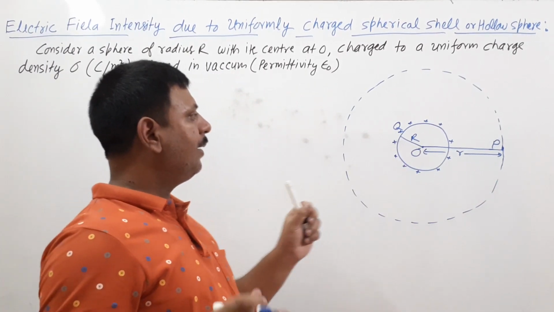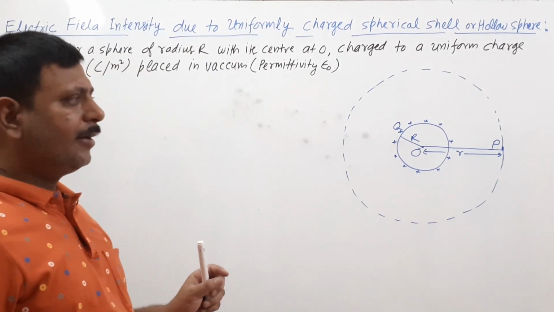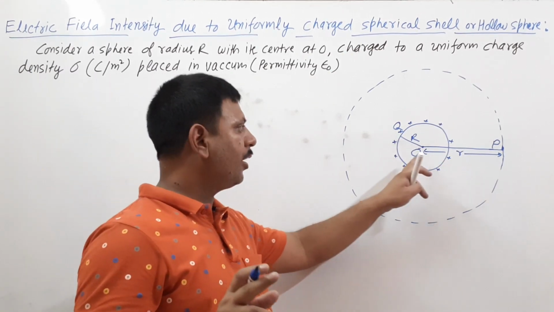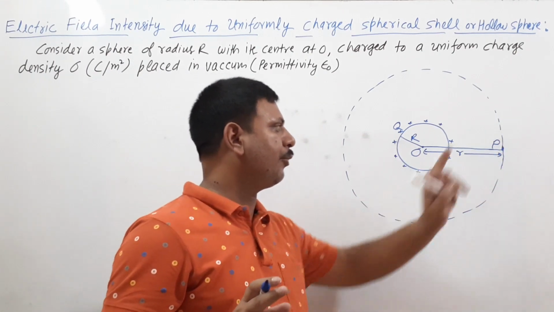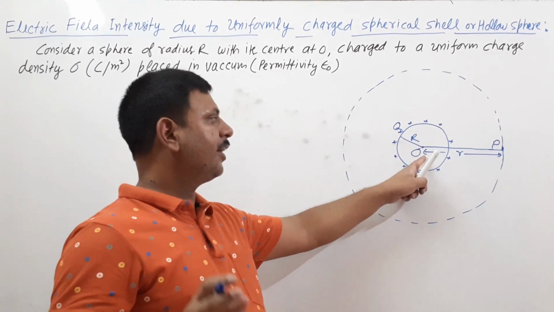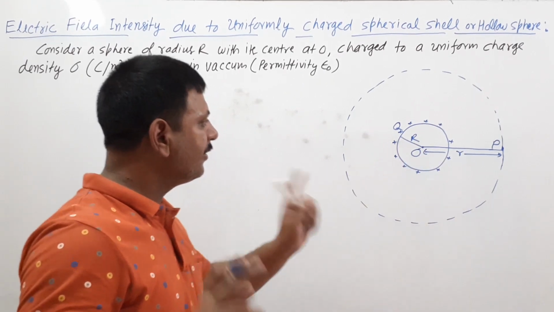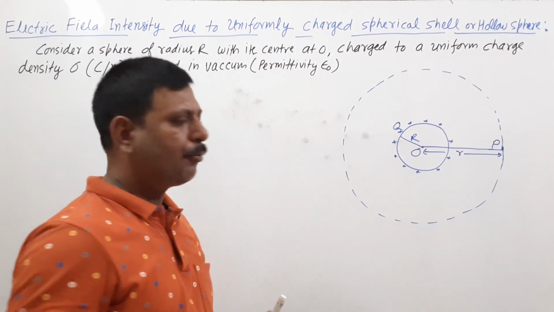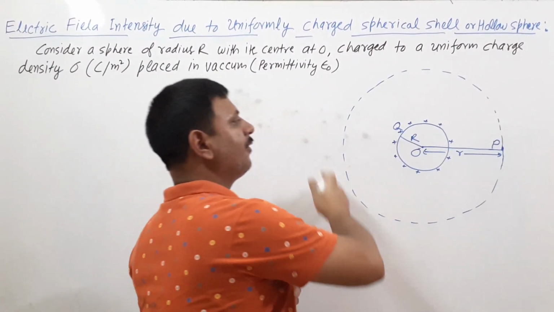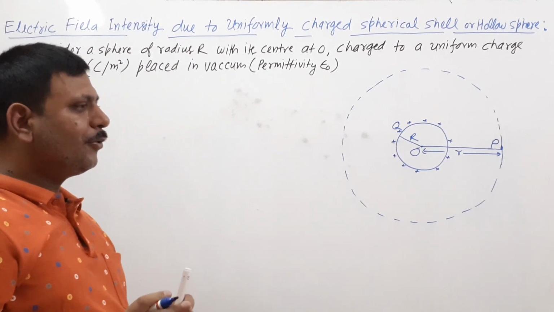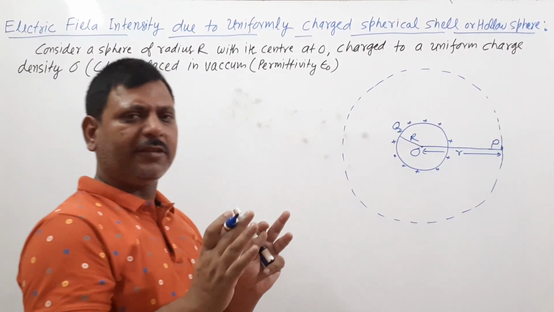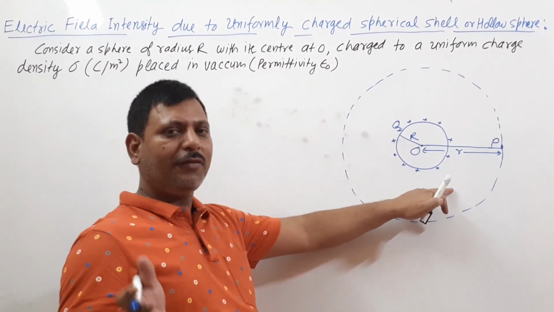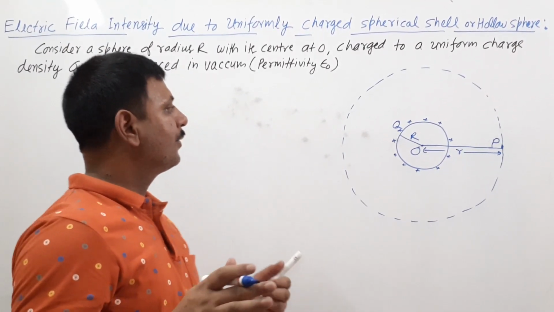This small r is the distance between center and point, such that the center of this sphere is the center of the charged spherical shell, and point P lies on the surface of the sphere. So this is our Gaussian surface, our closed surface where we are going to use the Gauss theorem.